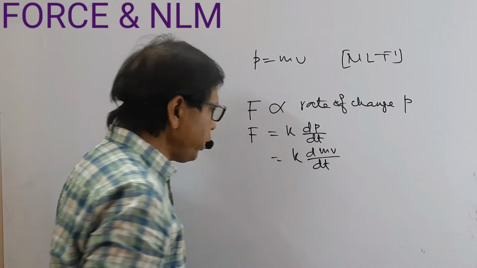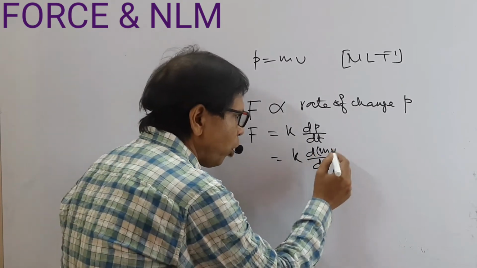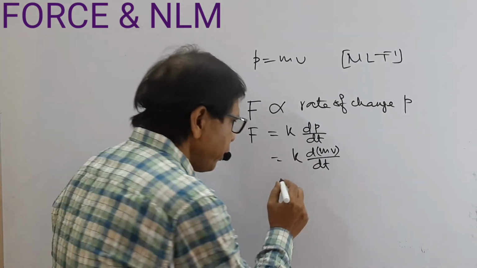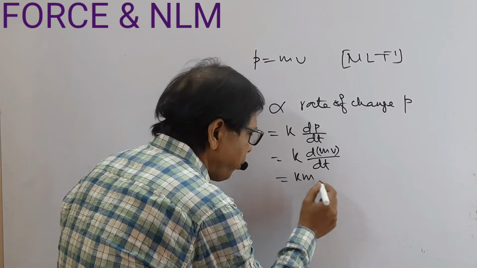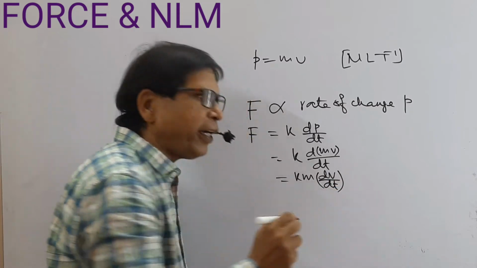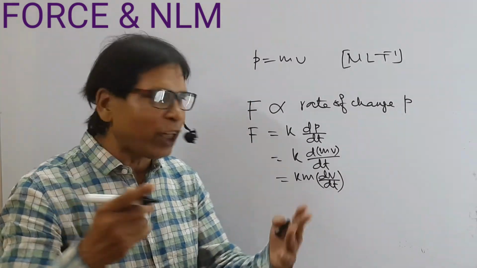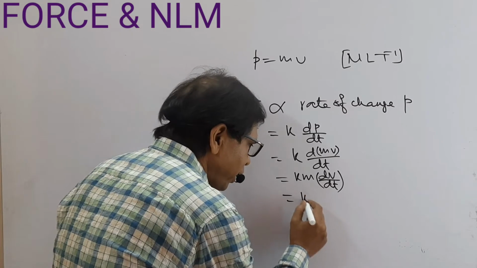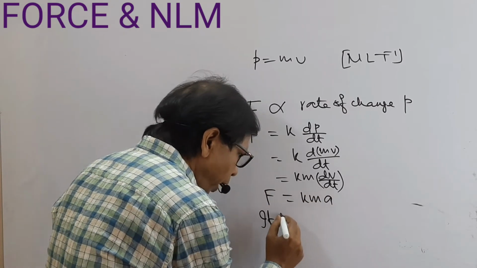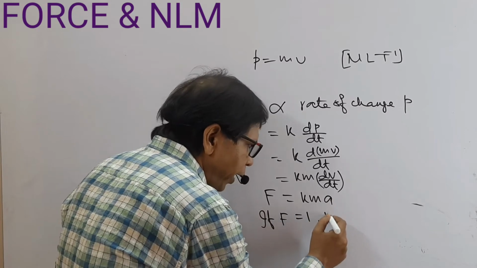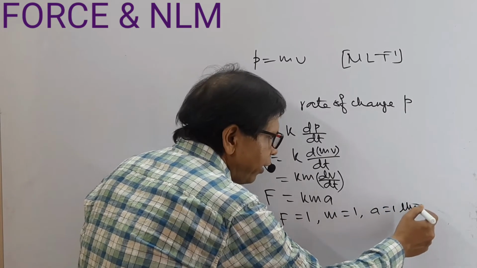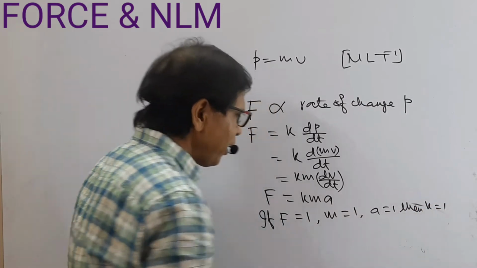Now look at this. So here F equals K d/dt of mv. If the mass of the body is constant, then F equals K m dv/dt. Now dv/dt is the acceleration of the body. So this is F equals K m a. Now if F equals 1, m equals 1, a equals 1, then K equals 1.